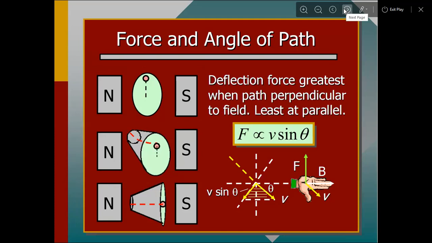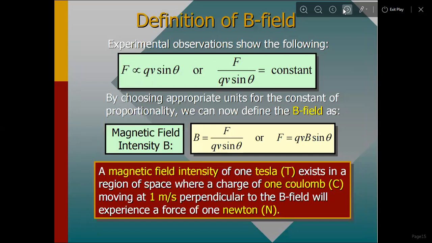That means force is proportional to B sin theta. Definition of B field: experimental observation shows that F is proportional to qvB sin theta, so F divided by qv sin theta is a constant, and by choosing appropriate units for the constant of proportionality, we can now define the magnetic field B.